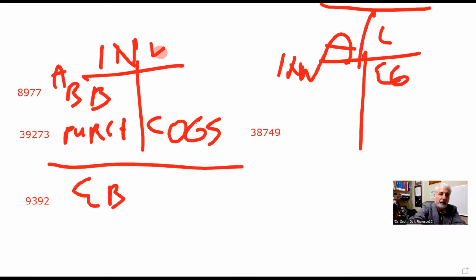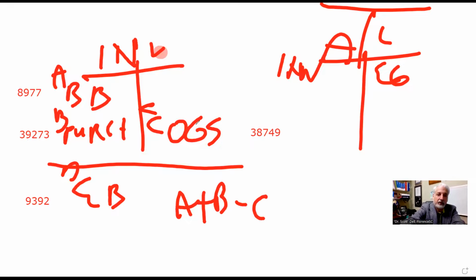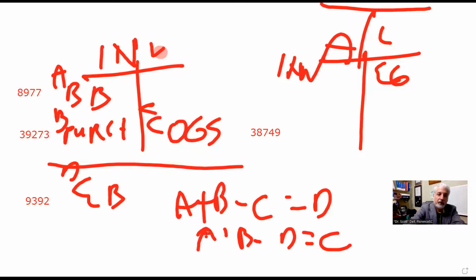So here's our A, our B, our C, our D. A plus B minus C equals D. We solve for C. We've got A plus B minus D equals C. The algebra.